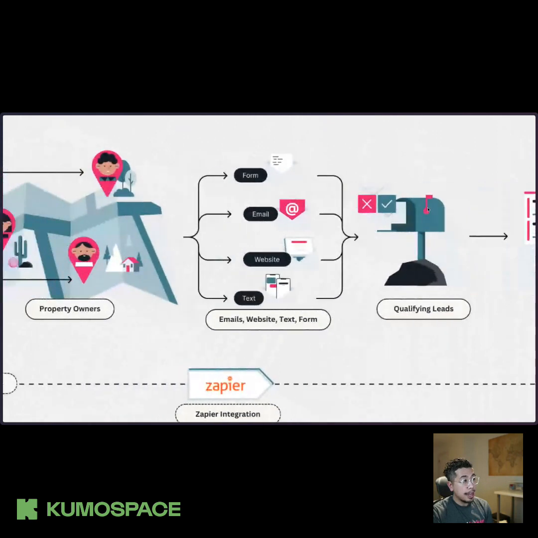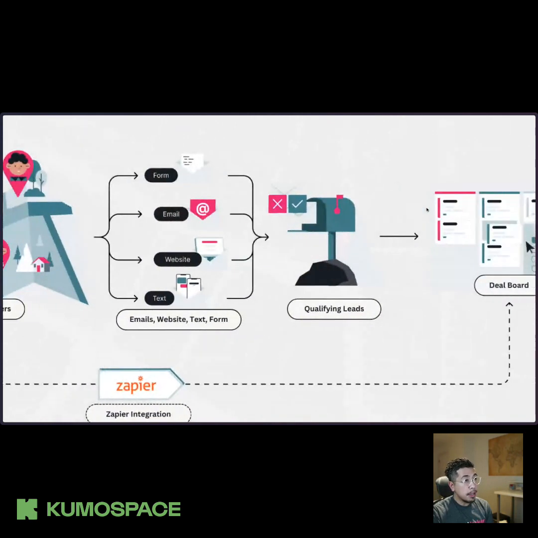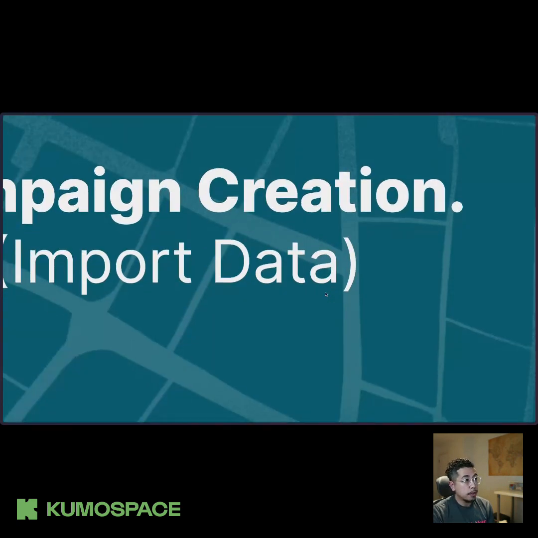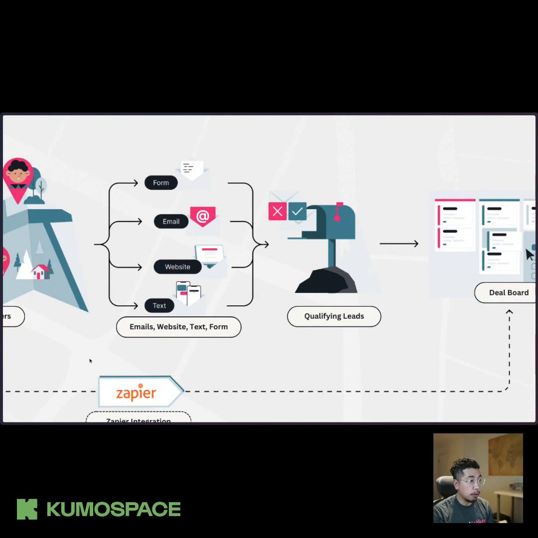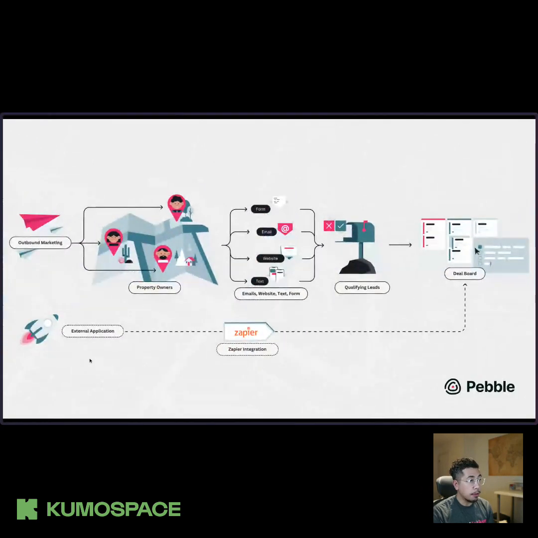Now, there may be an instance where you don't need it to go into the inbox because they are actually interested. That can be like your cold calling service. They're already vetting those leads for you. There is a way to get things from an external source right into your deal board, skipping the inbox.